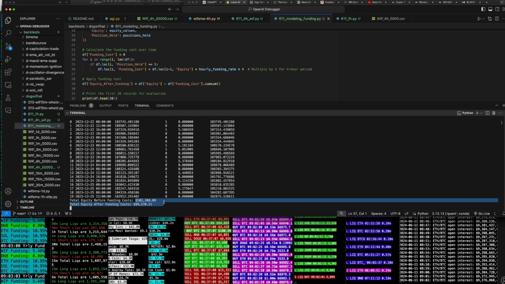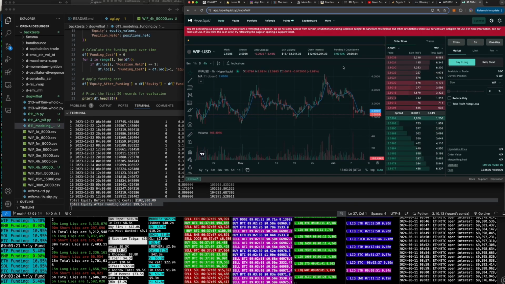That makes sense though. 3% for half a year. 3% for half a year is interesting. It's not bad. The question is, does it stay stable? No, it doesn't.